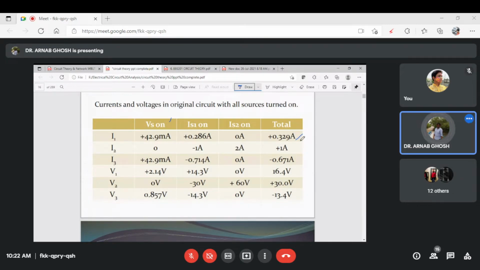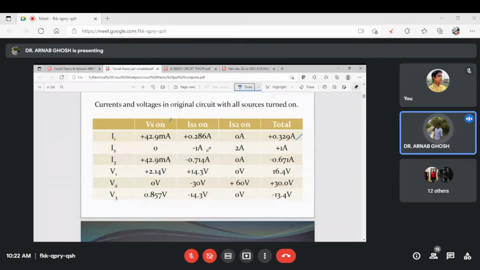You can calculate that by individually calculating each voltage source or each current source, and then summing up the individual values that you are getting considering each of the independent sources. So this is about your total current across each element and total voltage across each element.